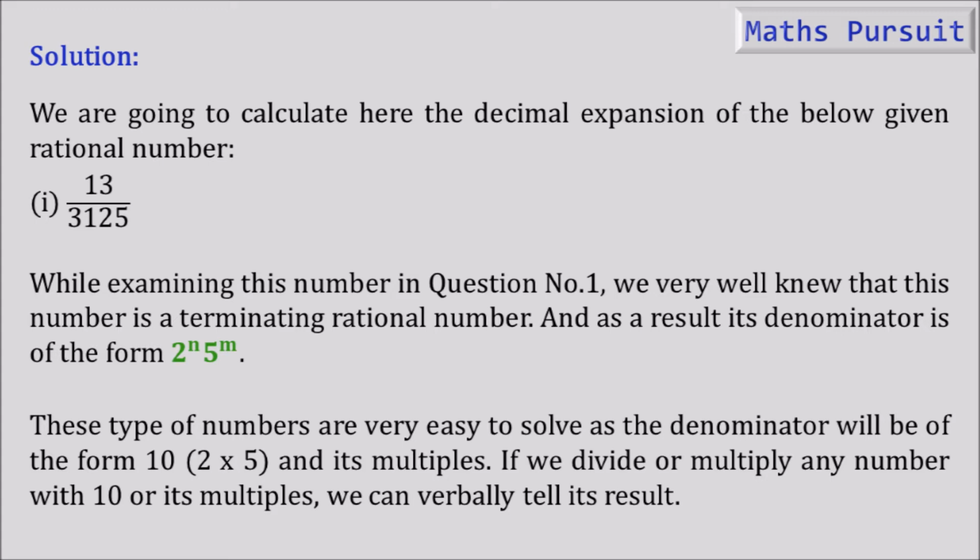If we multiply 4 into 1000, we can say 4000. Similarly, if we divide 40 by 10, we can easily say that it is 4. Or if we divide 4 by 10, we can easily say that it is 0.4. That means verbally we can tell. So it would be very easy to solve this type of question. Now let's move ahead.